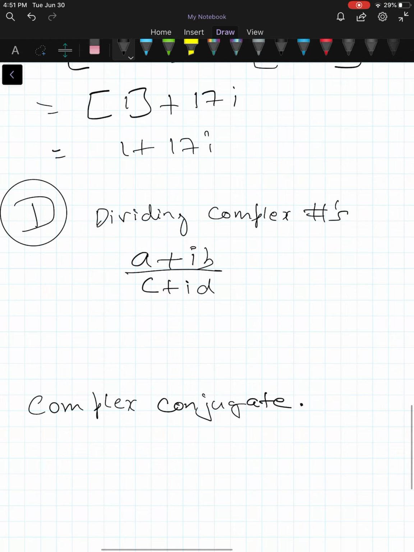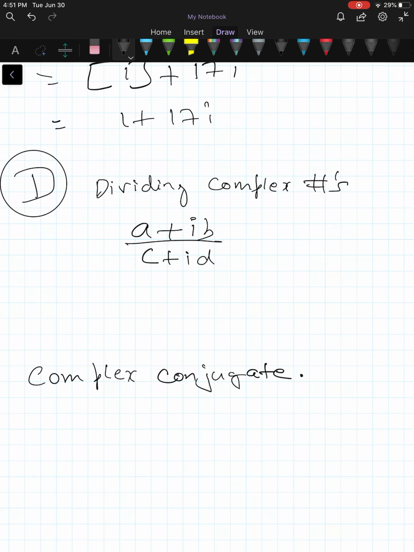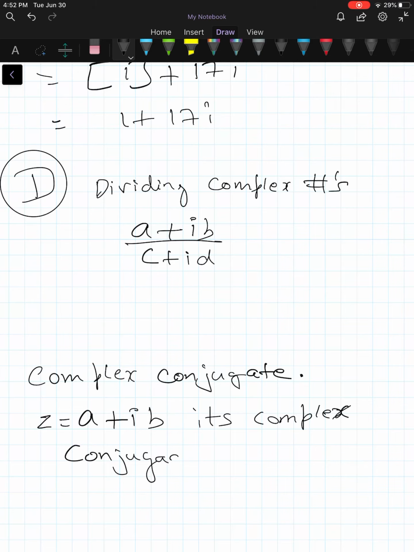So given a complex number a plus ib, you usually represent complex numbers as z. So if z is a plus ib, its complex conjugate is defined to be z bar.